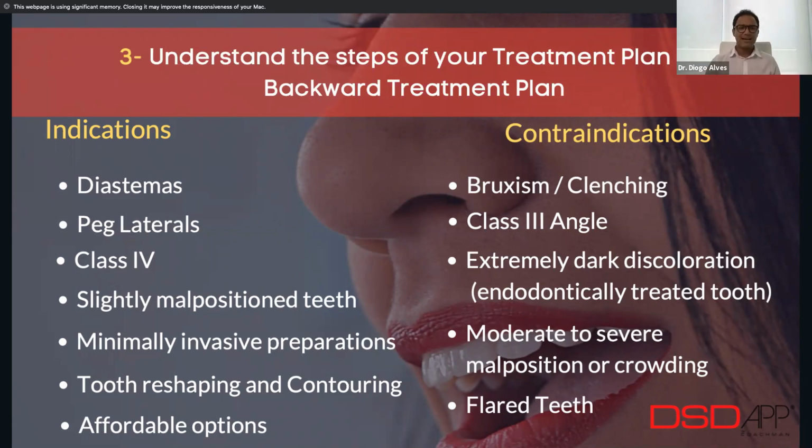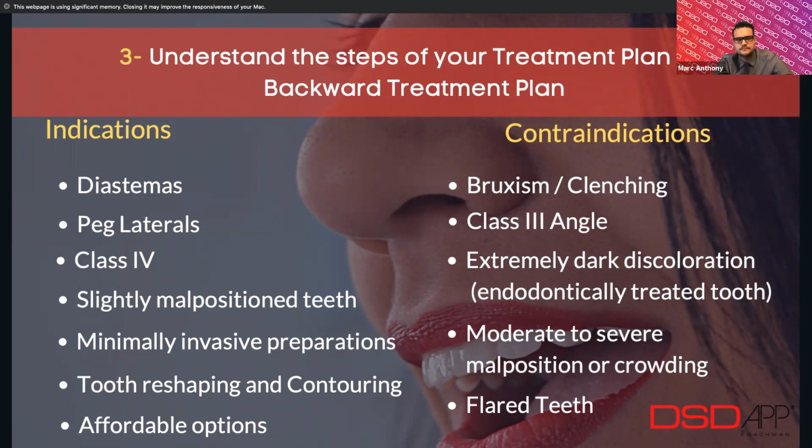Indications, of course: diastemas, peg laterals, patients who need a class 4 restoration, slightly malpositioned teeth, patients who need a minimally invasive prep or tooth reshape and contouring, and also patients who are looking for an affordable option.